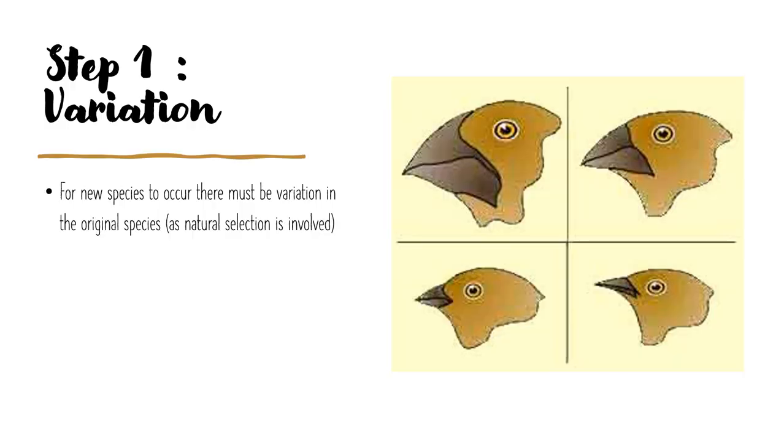So let's look at these in a little more detail. Step 1, of course, is variation. For a new species to occur, there has to be variation in the original species because natural selection is involved. And remember, this is genetic variation, which gives variation in the phenotypes.